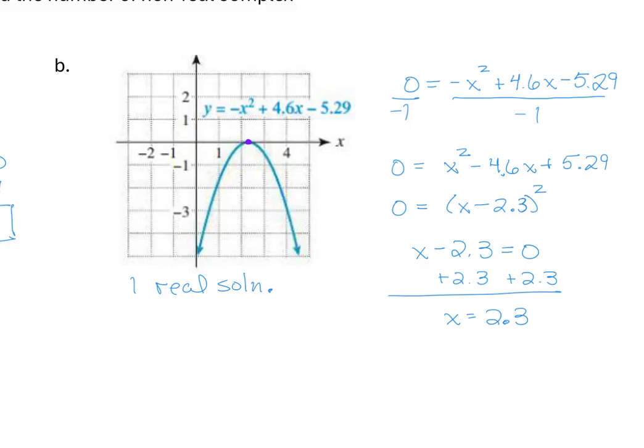And later this semester, in the next module, what we call this is called a repeated zero, or repeated solution. And we call it repeated because how many times does it occur? Well, because we do have our factor occurs twice, we repeated it.